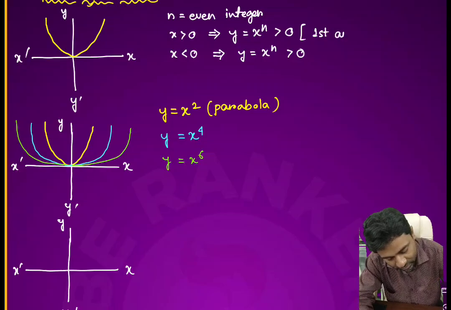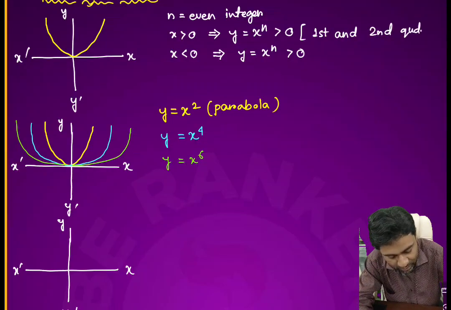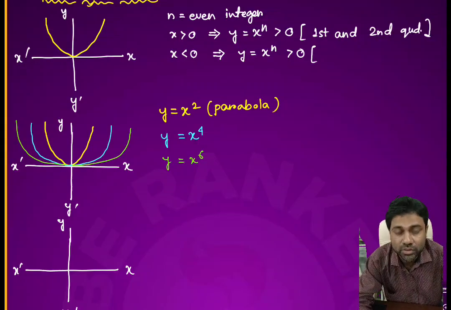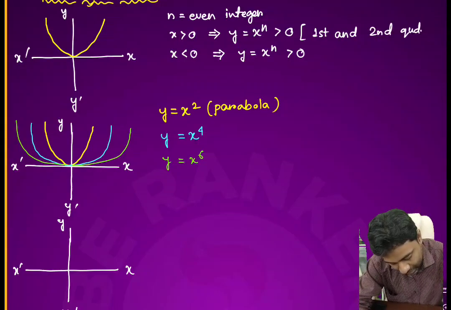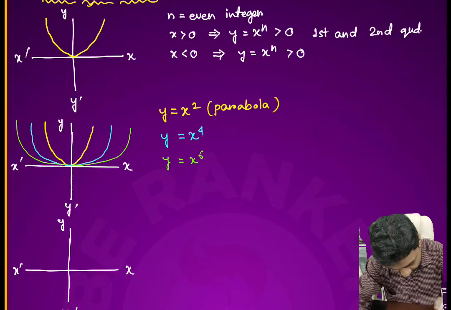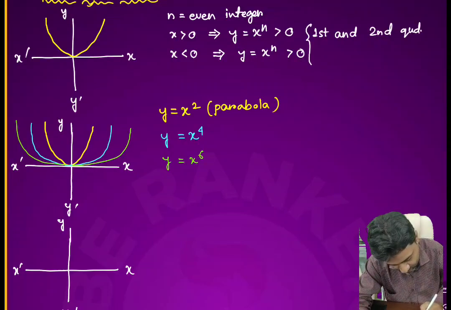When the power is positive, y equal to x to the power n greater than 0, which means the graph has only its part in first and second quadrant. You see? But if the power is negative, if x is negative, for negative values of x, y equal to x to the power n will have its part in the first and second quadrant. In these cases actually.